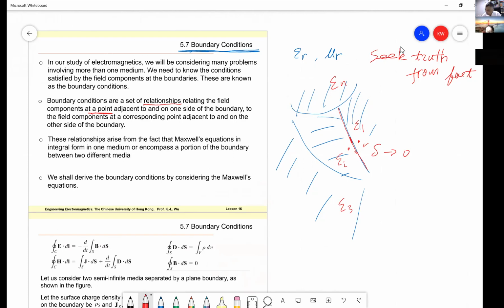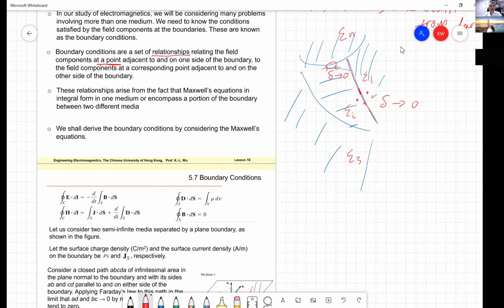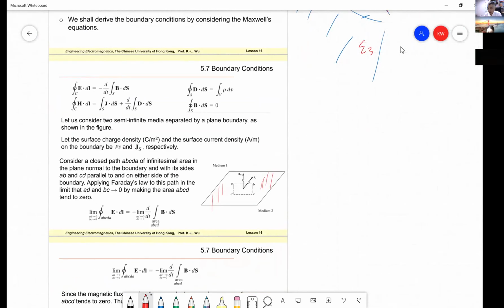Yes, if you take an arbitrary surface, very, very small, approaching zero, this surface you can always treat as a plane. Do you agree? So that is a plane. That means we are looking at a point, right? So this is a point. We look at the plane.